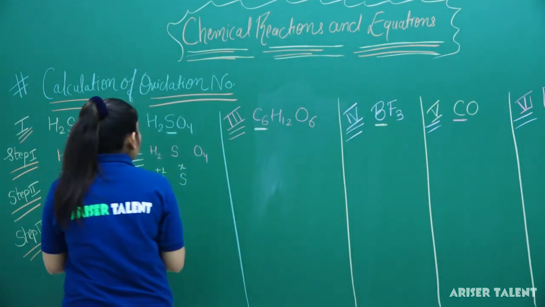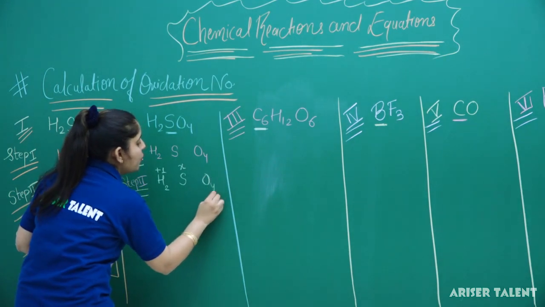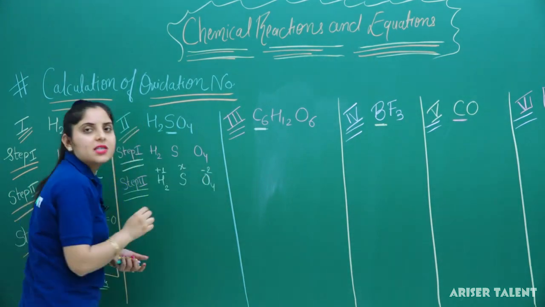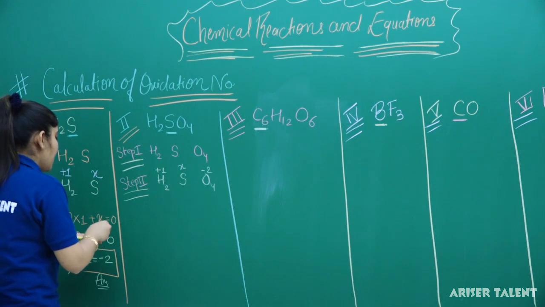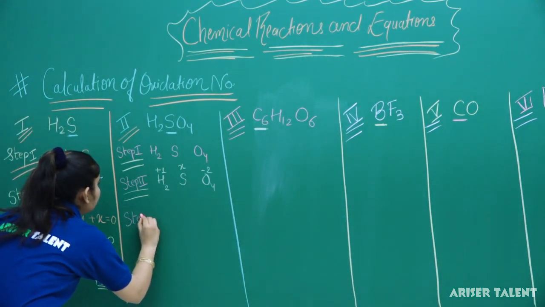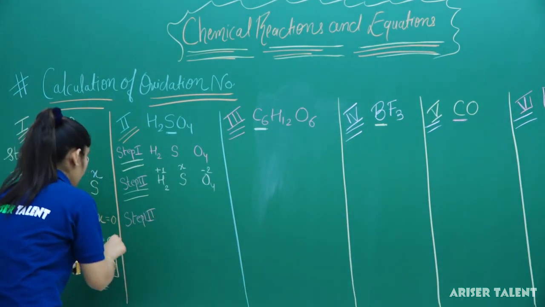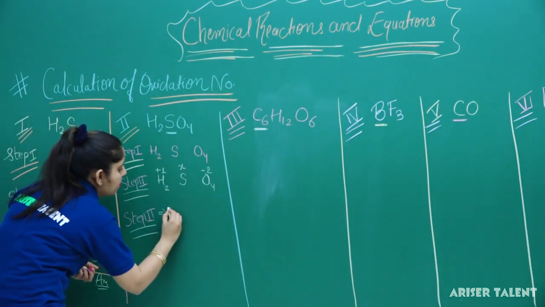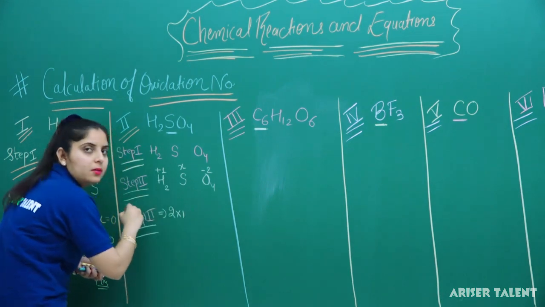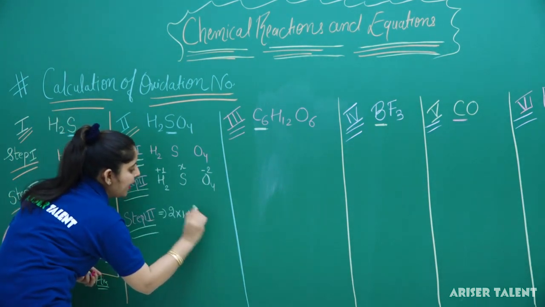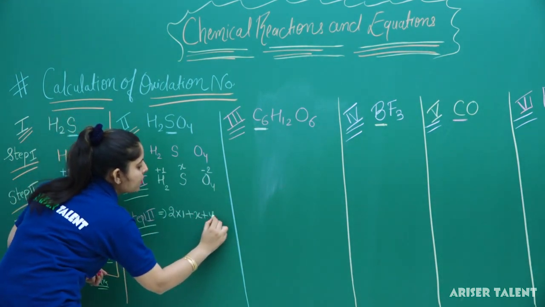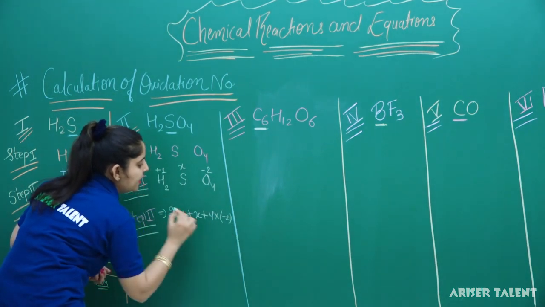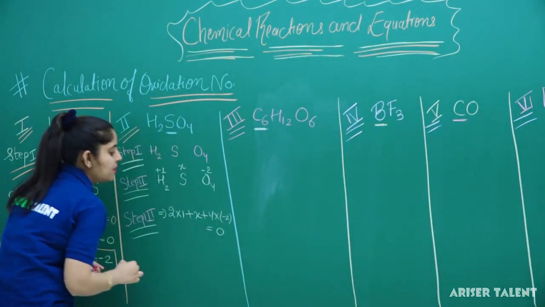Now what we will do here, we are provided with 4 oxygen atoms and the oxidation state of oxygen will be -2. Now in our step number 3, I will write 2 into (1 plus X), 4 atoms of oxygen multiplied by its oxidation state, and it must be equal to 0.